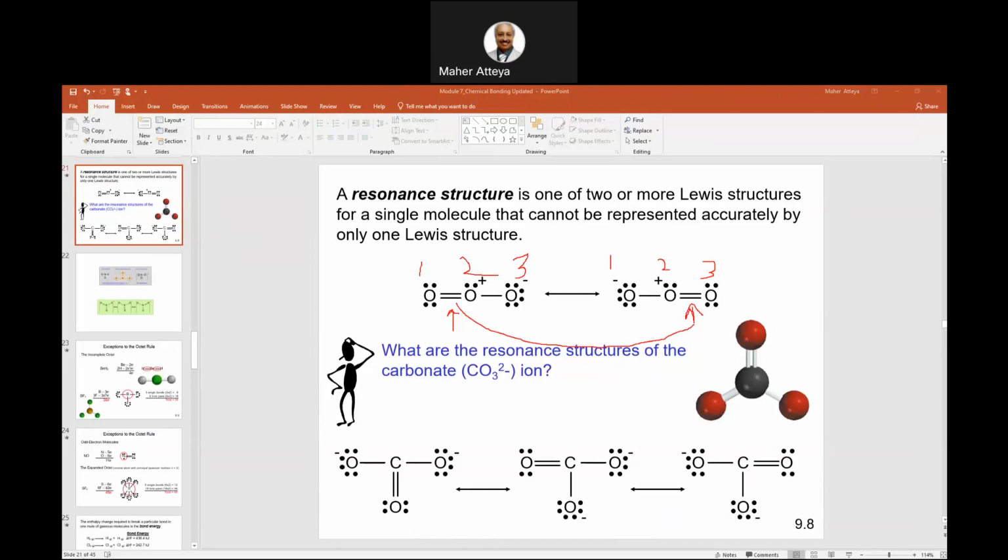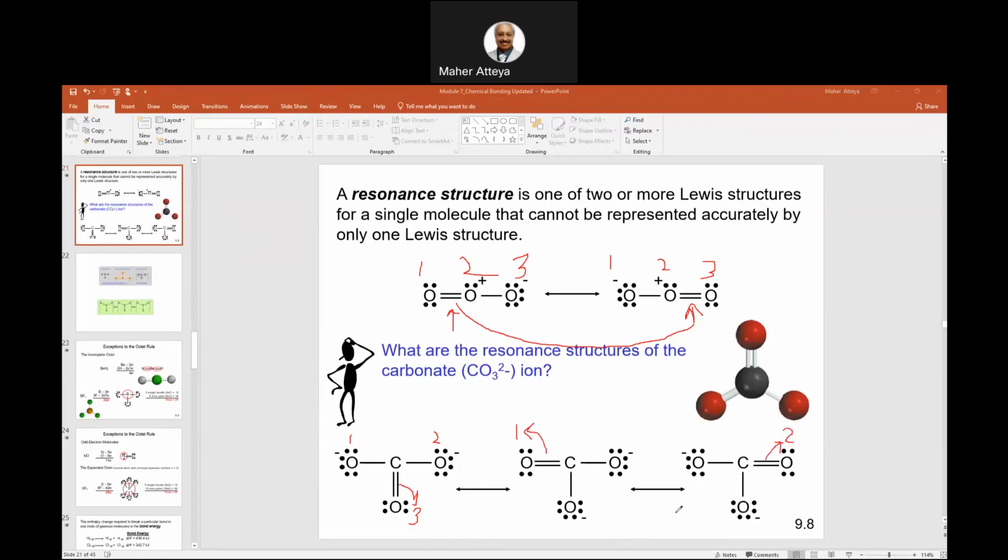So look at this. This one even has 3 here. Say this is 1, 2, and this is 3. Now the double bond is on the 1, now here, this is 2, now the double bond is on the 2.